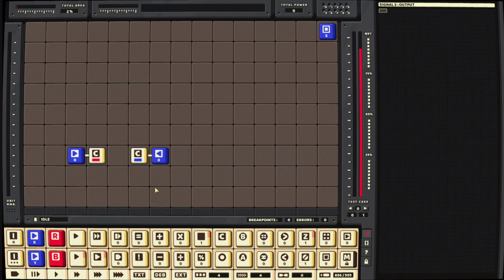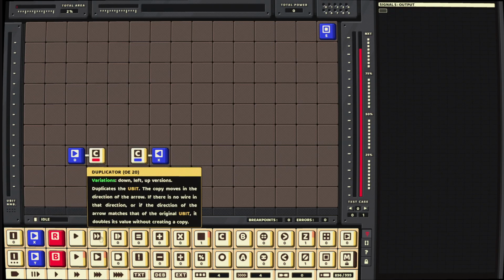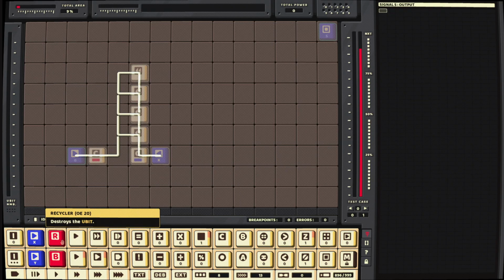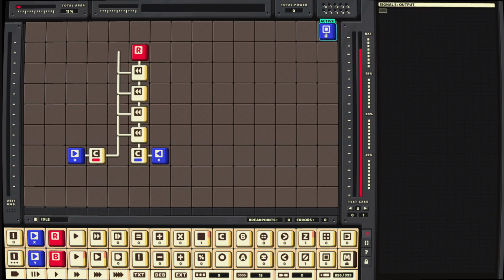And what I want is a duplicator. Like this, I guess. And you go out and you get thrown away. So okay, we didn't need to duplicate there.